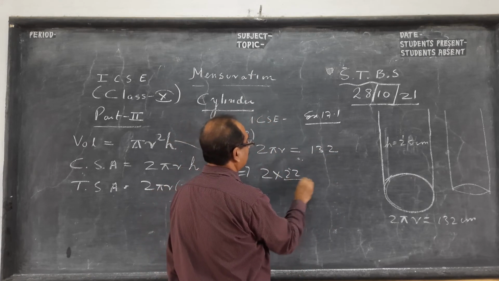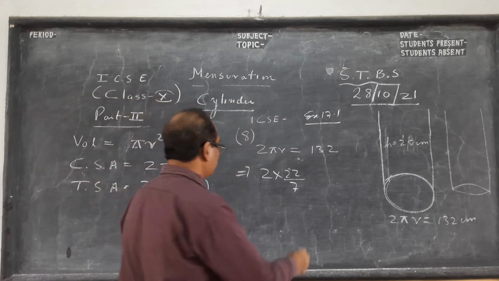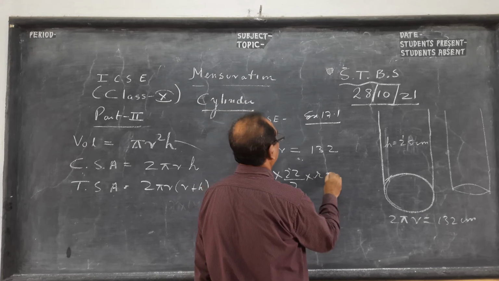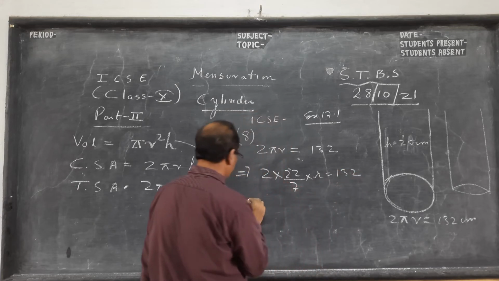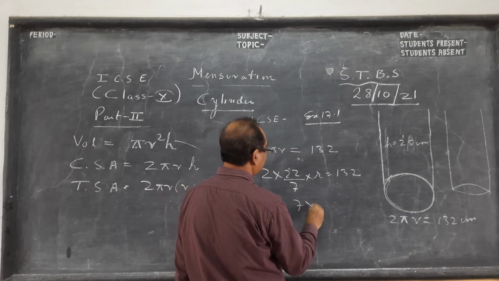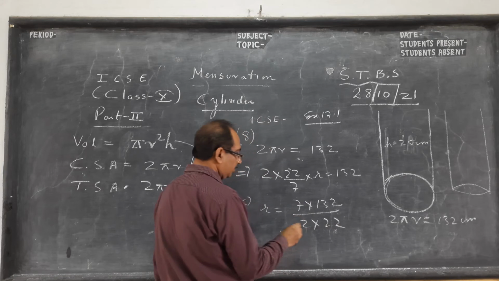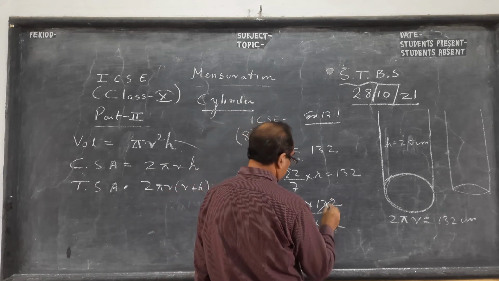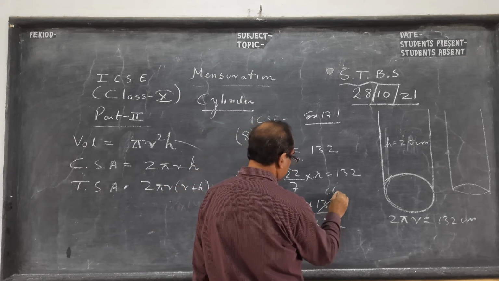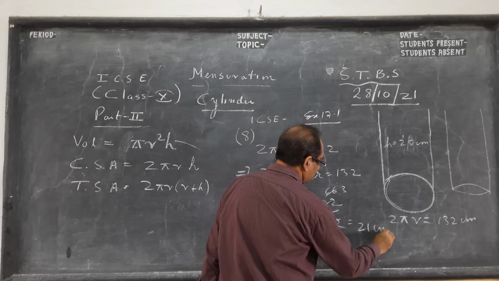Pi is 22 by 7 because nothing is mentioned in the question. So we take 22 by 7 into r is 132 centimeter. So 7 will go up. 132 by 2 into 22 goes down. 6, 3, so it's 21 centimeter.